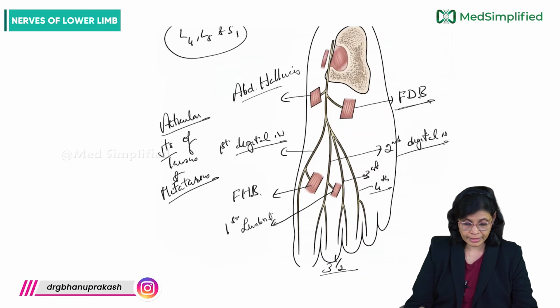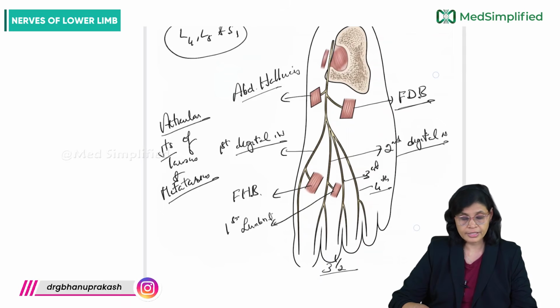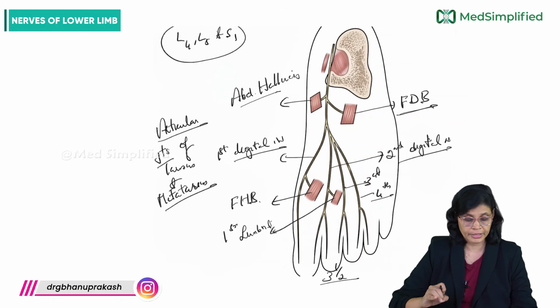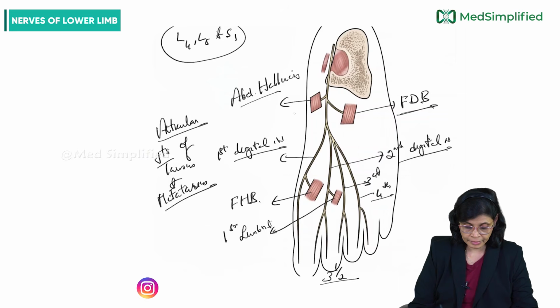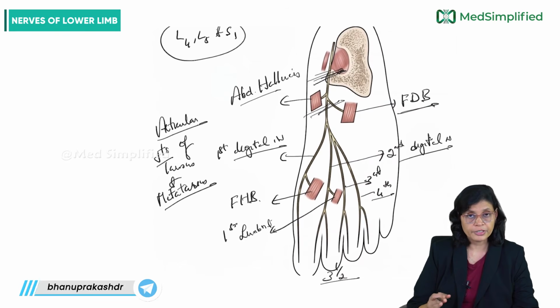Sometimes we see medial plantar nerve entrapment. The nerve can be compressed when it passes deep to the flexor retinaculum or deep to the abductor hallucis, due to repetitive eversion of the foot.